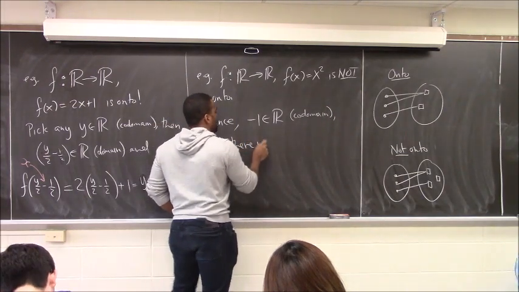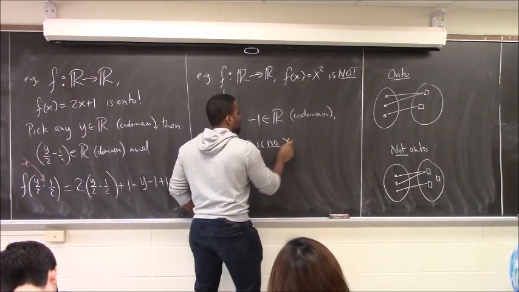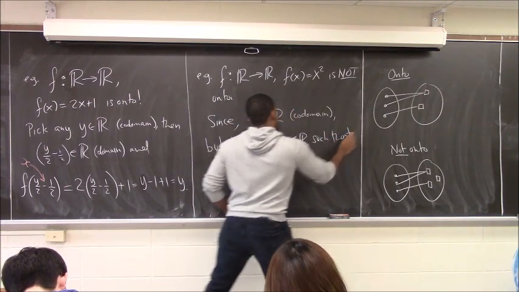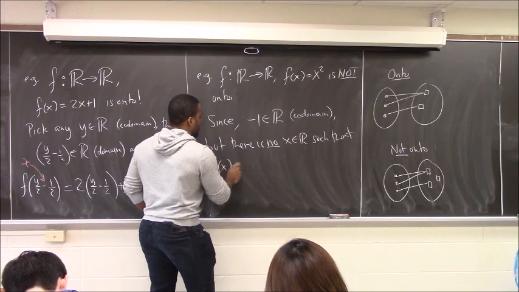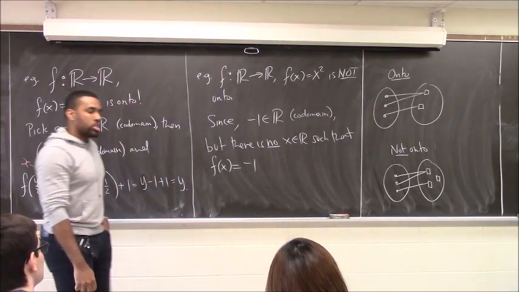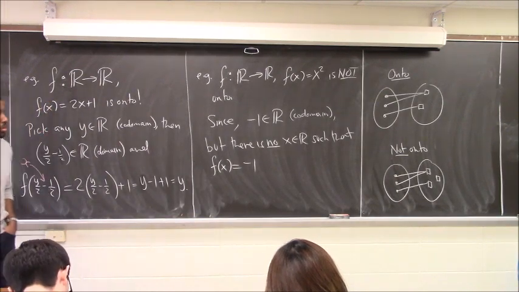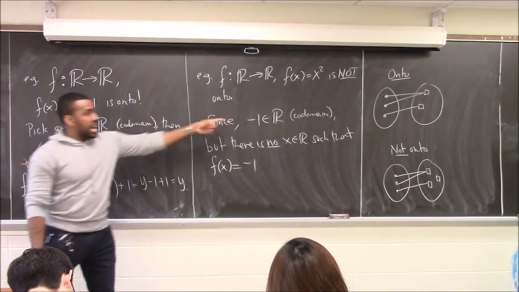But there is no x in R such that f of x is going to give us minus 1, right? There is no real number that when you square it, it will give you minus 1 as an output. So that means this guy is missing.